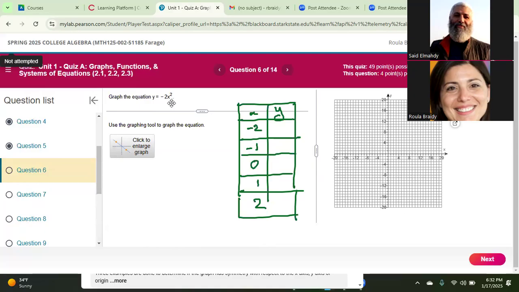So -2 times x squared. -2 squared is 4. 4 times 2 is 8, so minus 8.